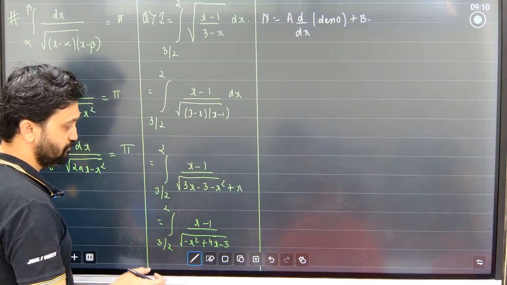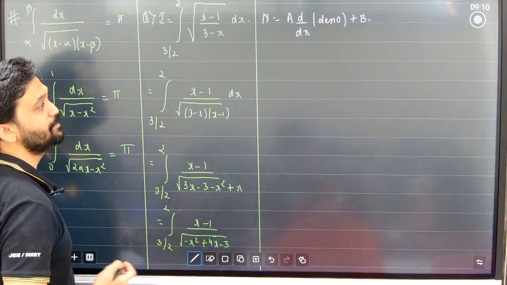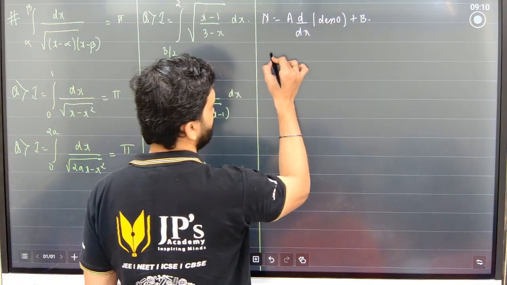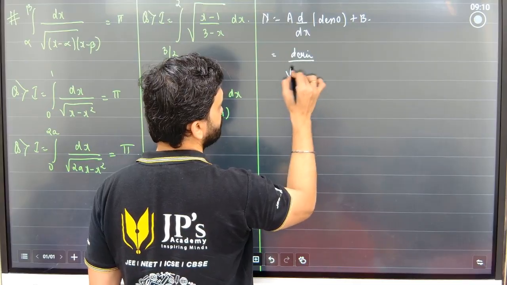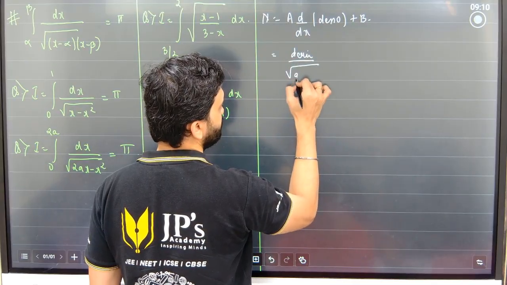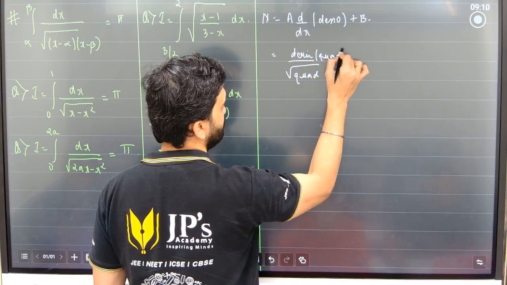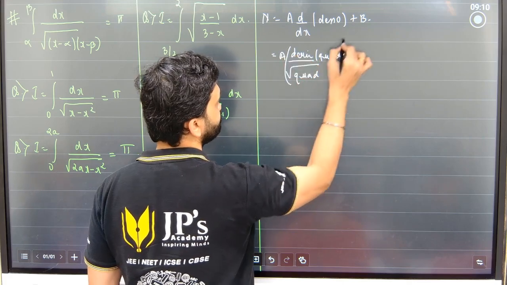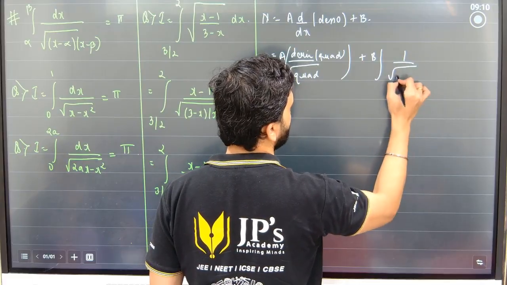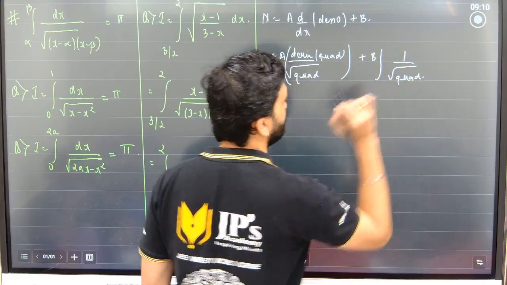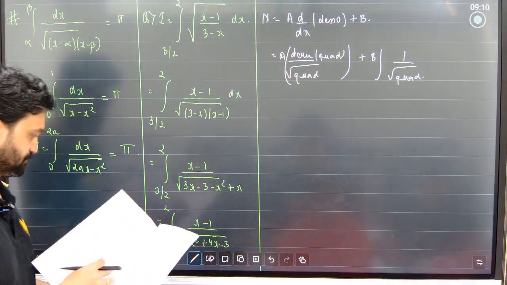My first part will become the derivative upon root of this equation, and the second part will become like this. The derivative of the root, this is my quadratic. So the derivative of quadratic comes here, a into that, plus b into integration 1 upon root quadratic, and this is how you proceed with this sum. Okay, next.